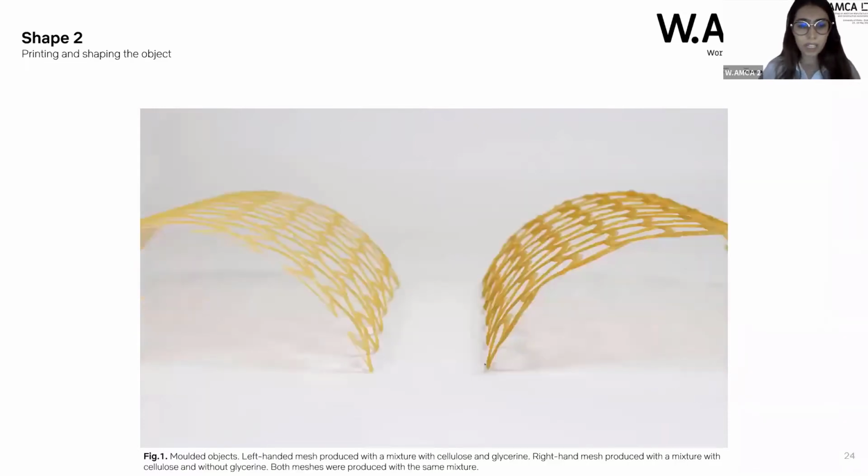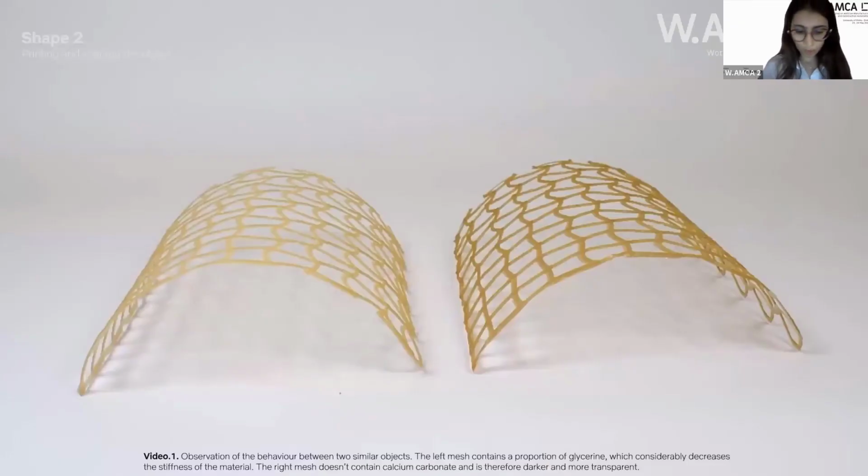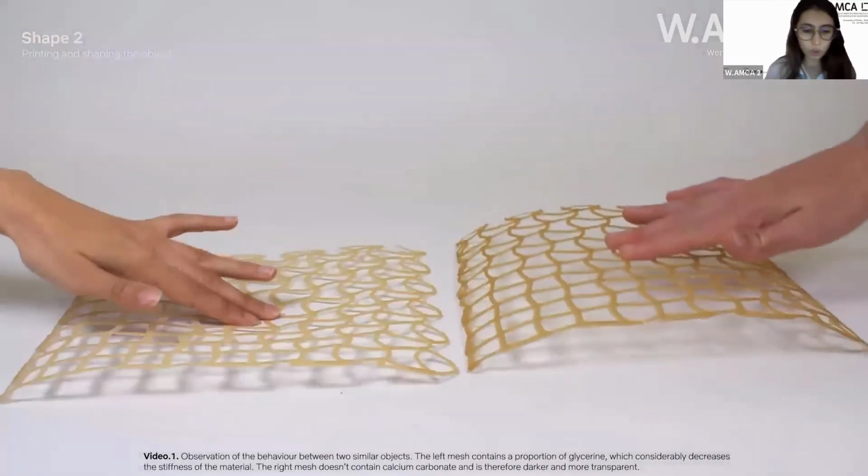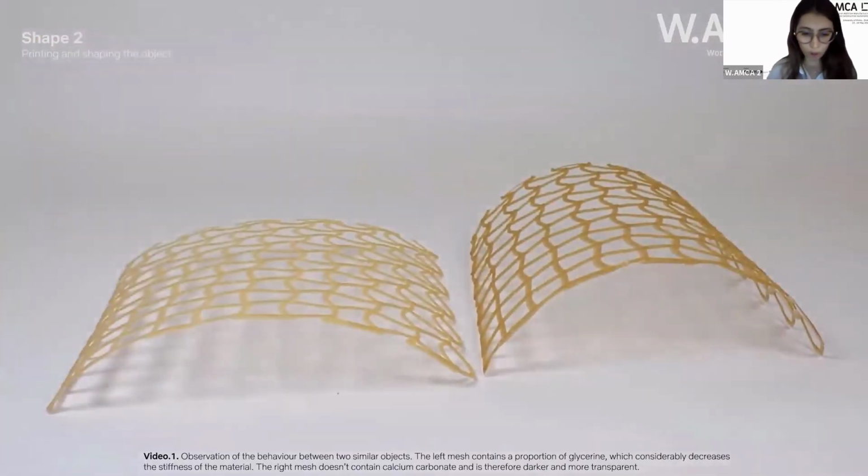So it's possible to observe that although they have the same mixture, the behavior is different. To check the behavior of the two grids, a central force was applied on both objects.